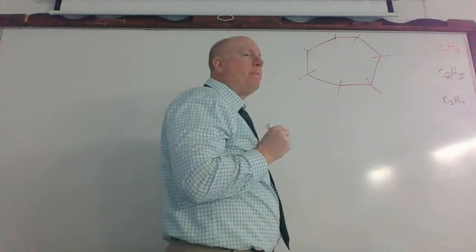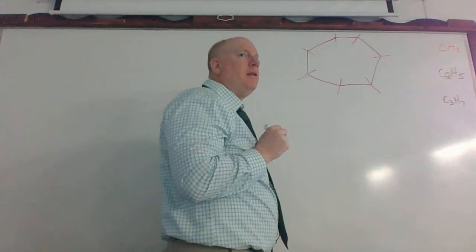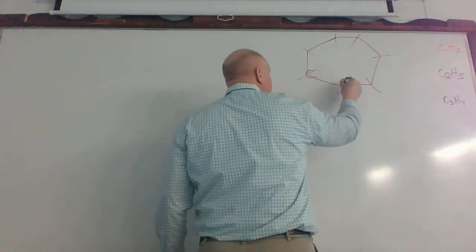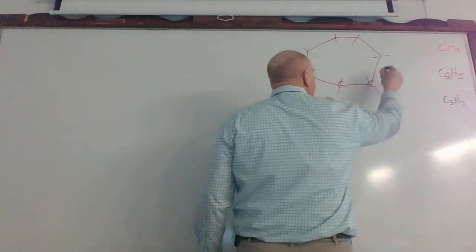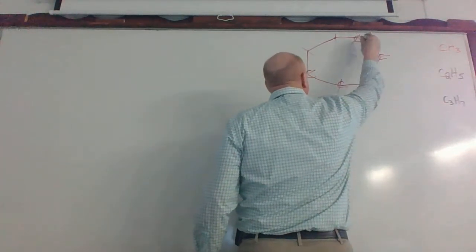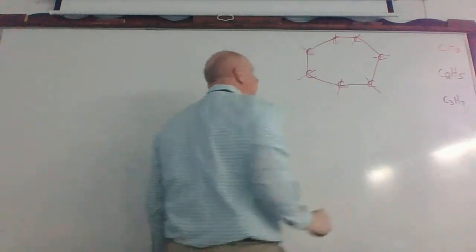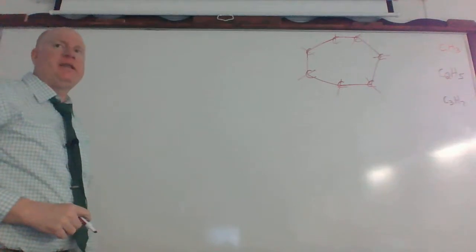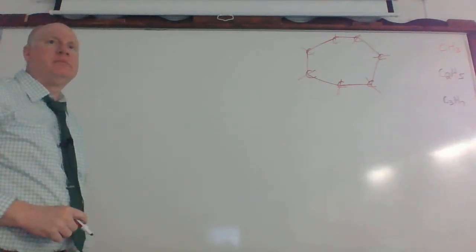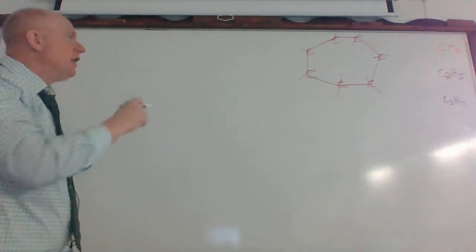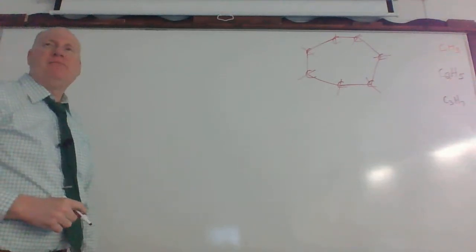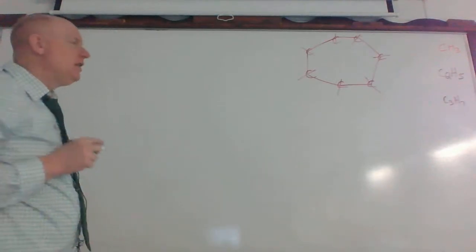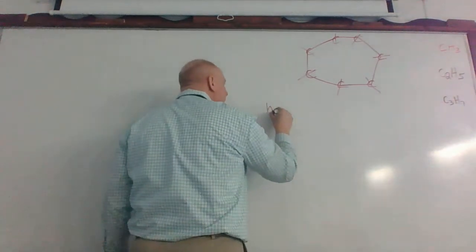No. There's a carbon atom. Okay? So each line where they intersect, there's a carbon atom. Okay? So what is 7? I just like doing that to see how well you are at drawing a 7-sided figure. So it's heptane. That's correct.